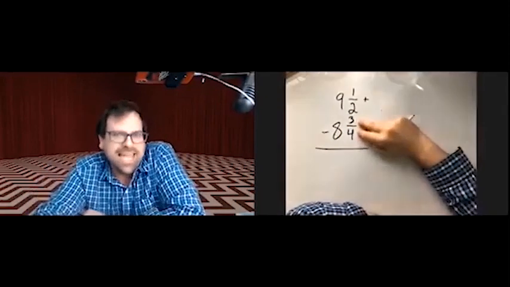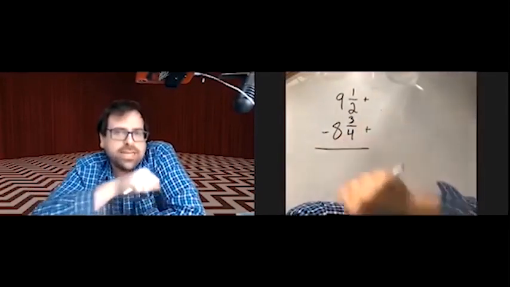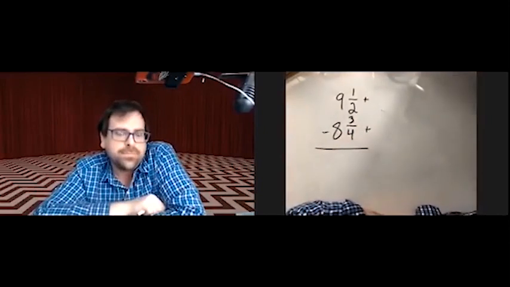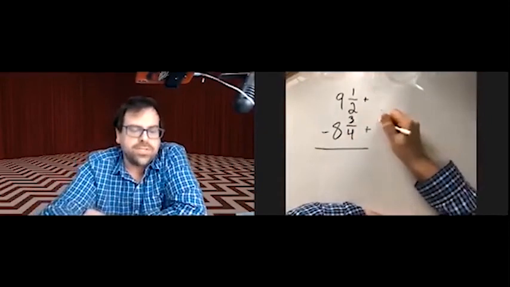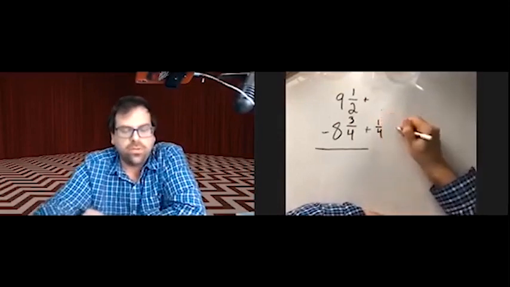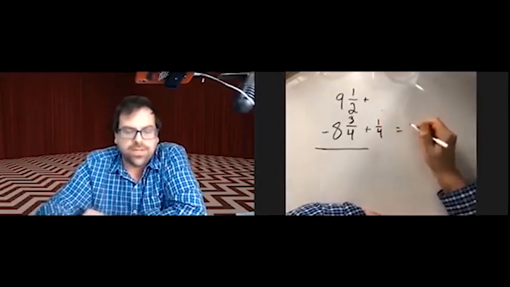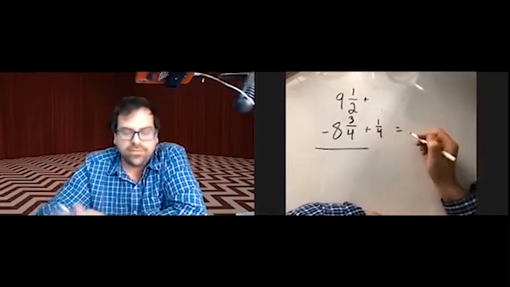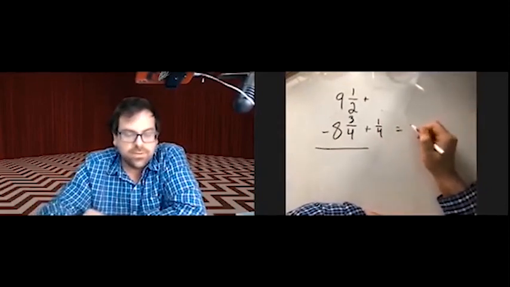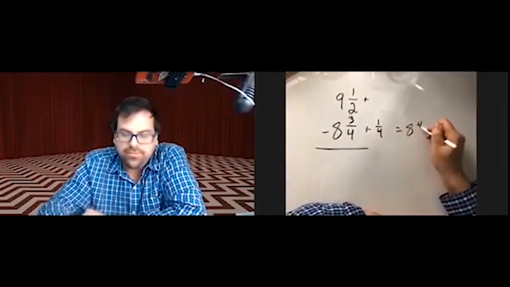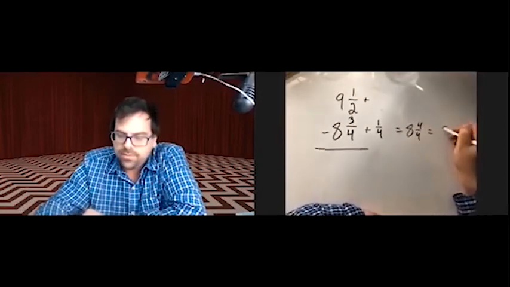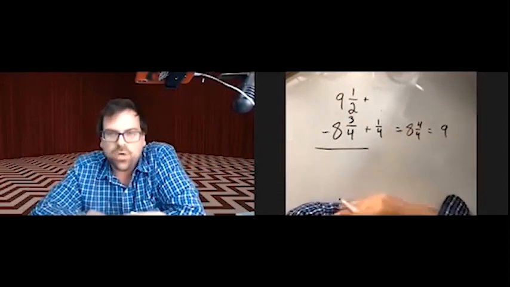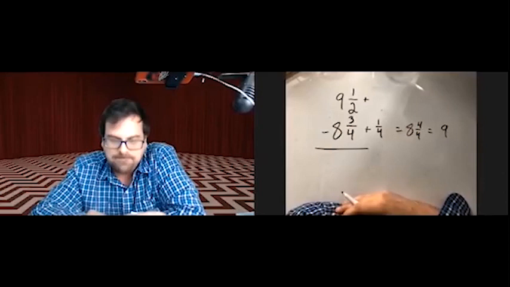What would we have to add to 3 fourths to turn 8 and 3 fourths into a whole number? Well, 3 fourths would need another 1 fourth to turn this into 4 fourths. And then 8 and 4 fourths would just be 9, 8 plus 1.